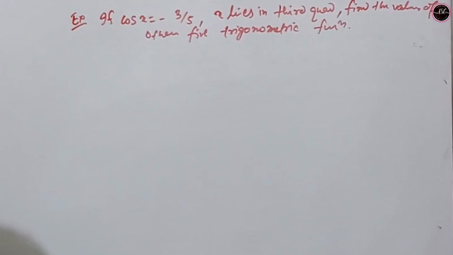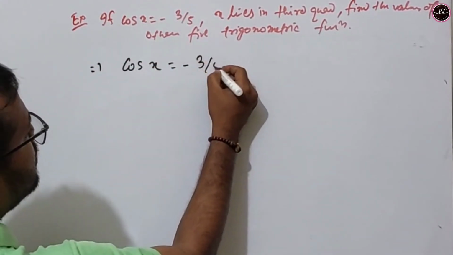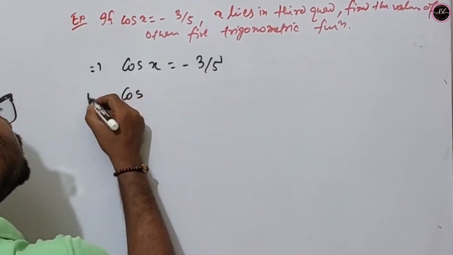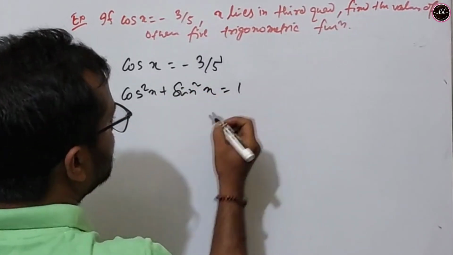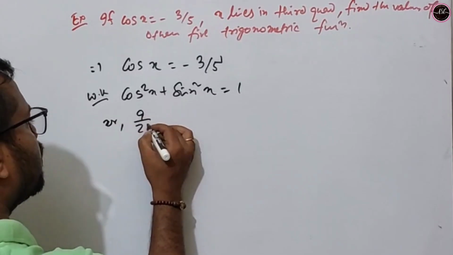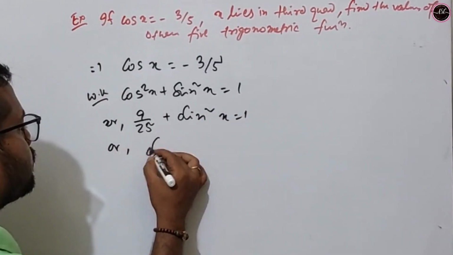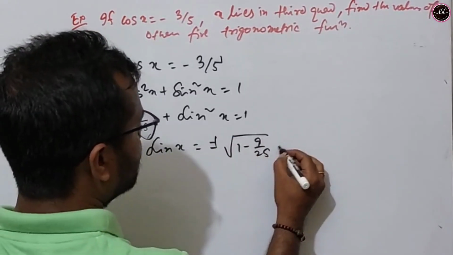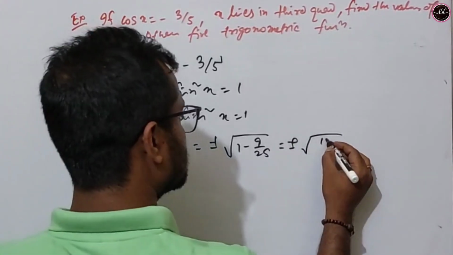Okay, just see here cos x equal to minus 3 by 5. Okay, so we know cos square x plus sin square x equal to 1, and just putting this value we can get 9 by 25 plus sin square x equal to 1, or sin x equal to plus minus root of 1 minus 9 by 25, equal to plus minus root of 16 by 25.